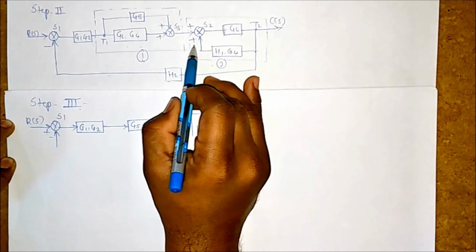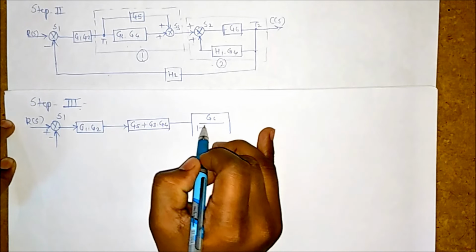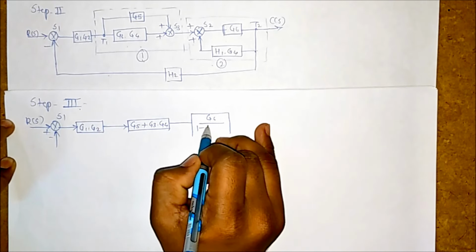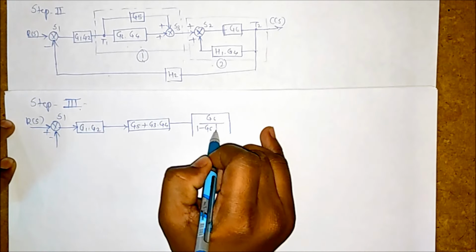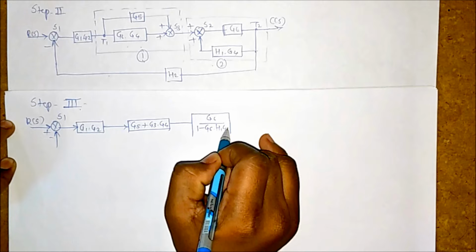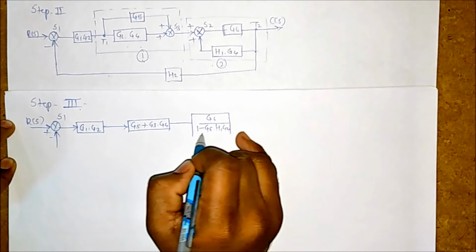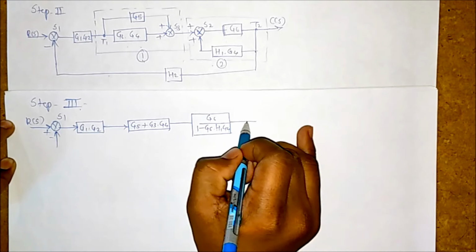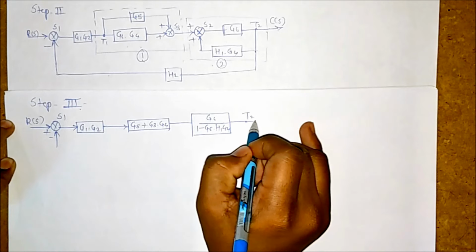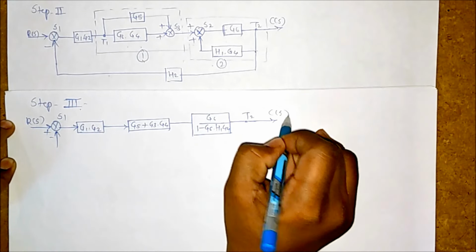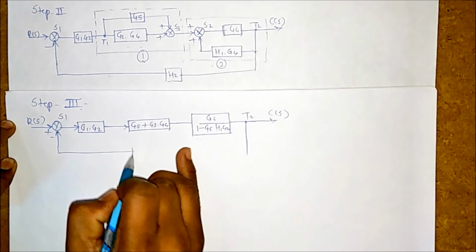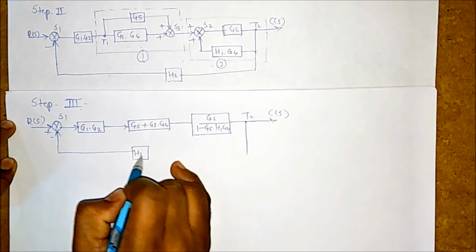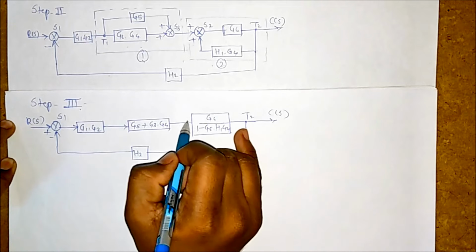If feedback is positive, you have to mention a negative sign here, that is 1 minus G6 into H1 into G4. This is takeoff point T2 as it is. Feedback is now H2.